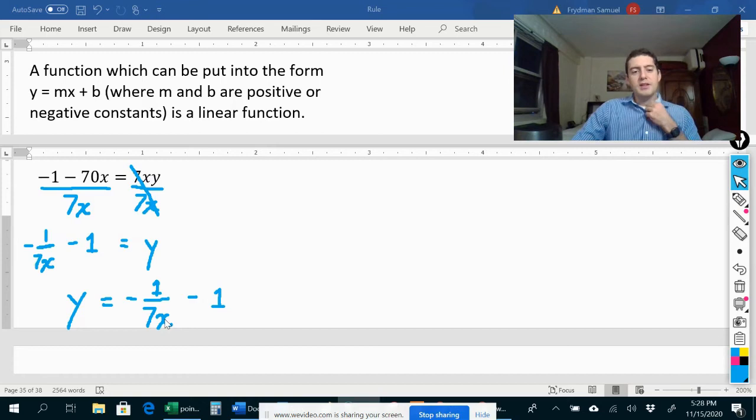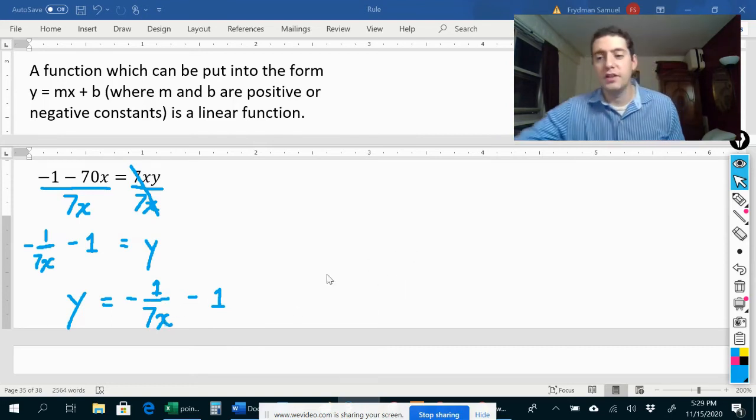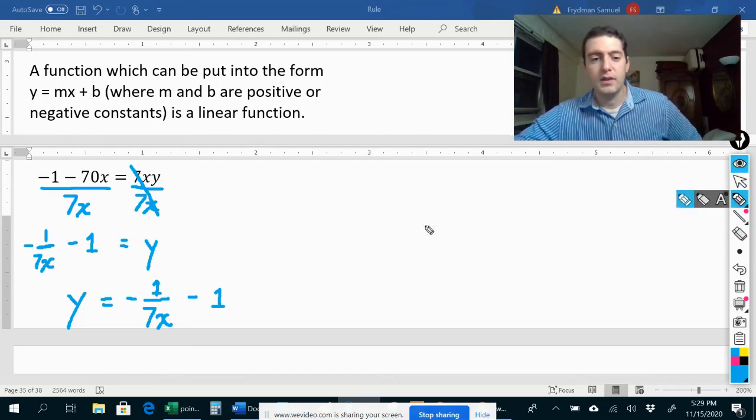So it's all right to have a fraction multiplied with the x, but that's not what this is. This is not a fraction being multiplied by x. This is a fraction with x in the denominator, which is actually equivalent to this.